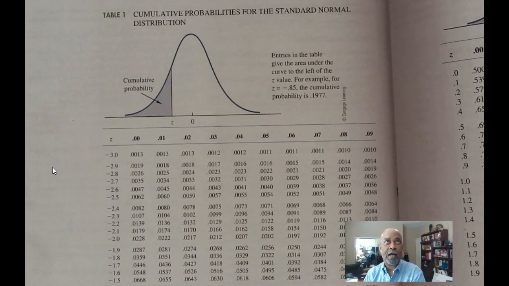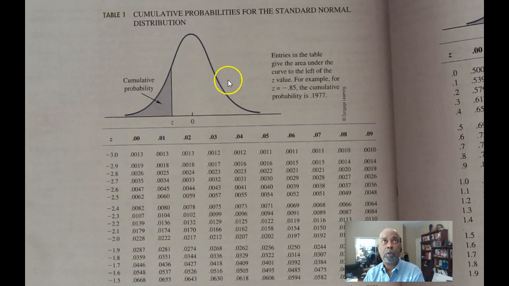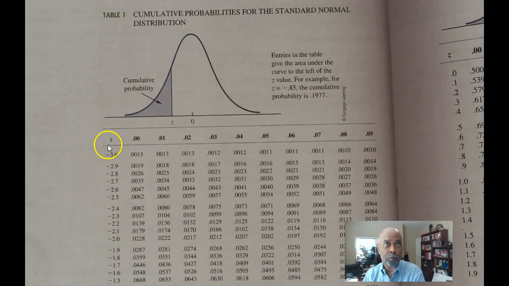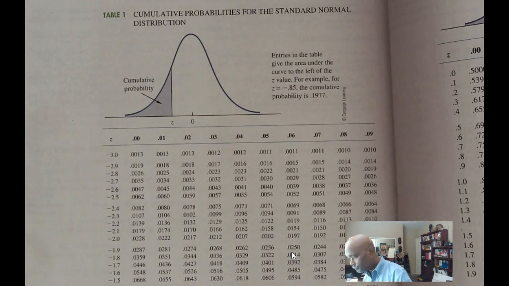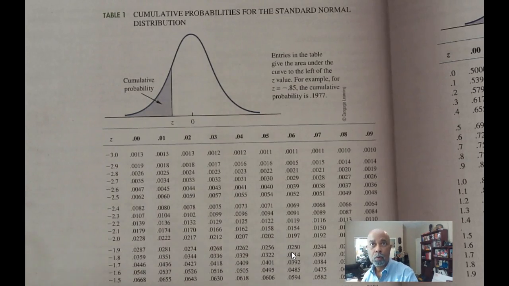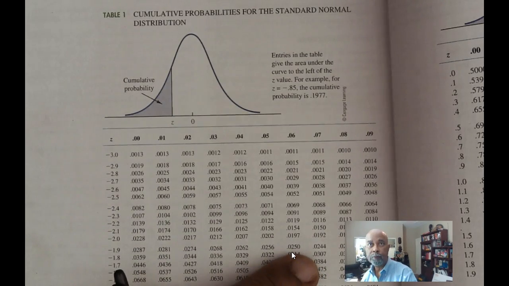To show you where I found that, if you were actually looking at a cumulative probability for the standard normal distribution, in other words, the Z table, we're looking for an area under the curve in that lower tail of 0.025, which is right here.